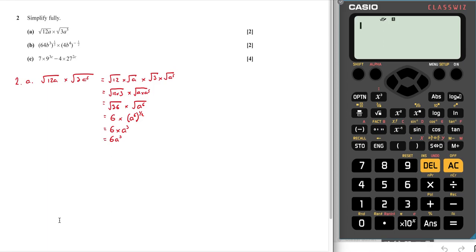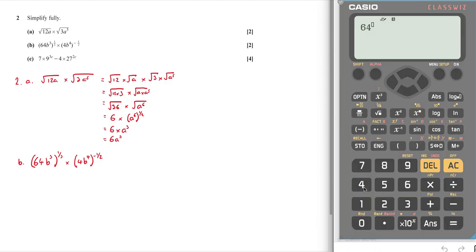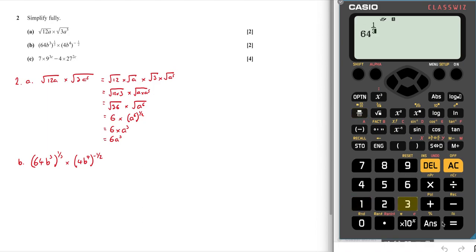Question B. We have got 64b cubed to the third times 4b to the 4 to the minus a half. Right, what can we do? 64 to the third. I should know this, but I'm going to just check it on the calculator. So 64 to the power of a third.